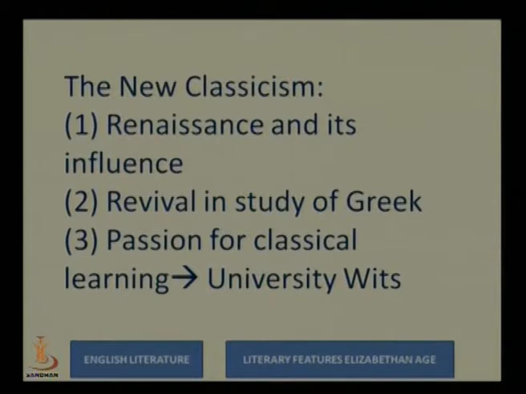Till then, Latin was the predominant classical language which was even taught and learnt by the people of England. There is a shift that you can see, that there is a revival in the study of Greek during this period. Now, because of this, a lot of Greek works were reproduced in English, and you will find some of the finest works.